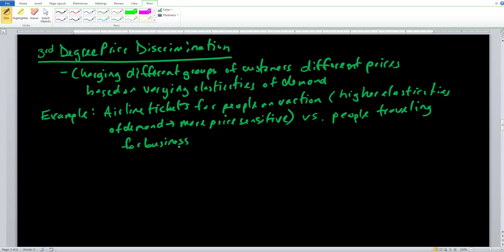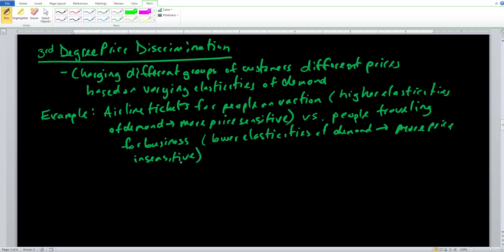So they're willing to pay a relatively higher price compared to those traveling for vacation. People traveling for business typically have lower elasticities of demand, or they are more price insensitive.